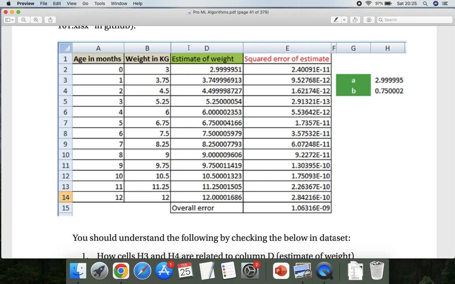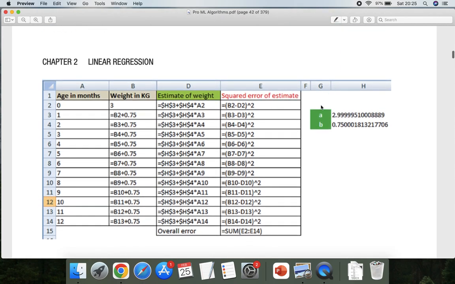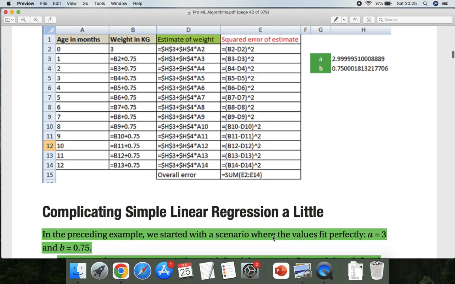There will obviously be a difference, and eventually it will lead to some error. This is our overall error. In the previous scenario it was 0, but now we have error even for the smallest of changes. Similarly, if we look at this figure, which seems very minute, still there will be error.